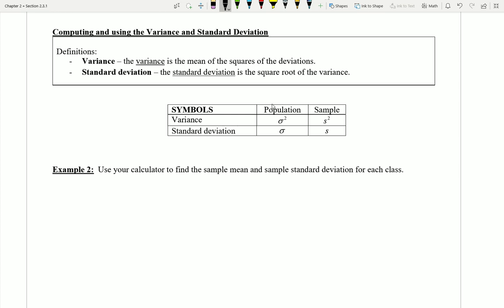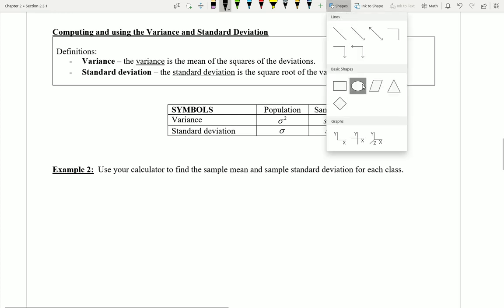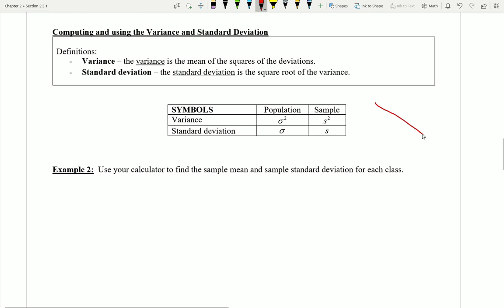Again, we have symbols for when we're talking about a population, which is our large group filled with a bunch of individuals. And once my large group is filled with individuals, I can select small samples of individuals. So I have sample symbols and I have population symbols.